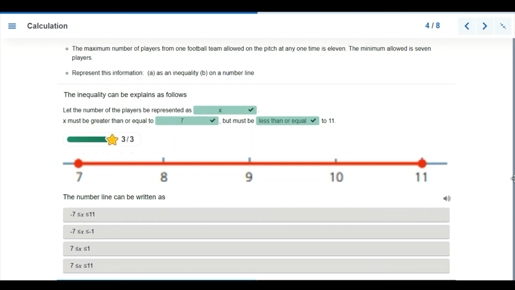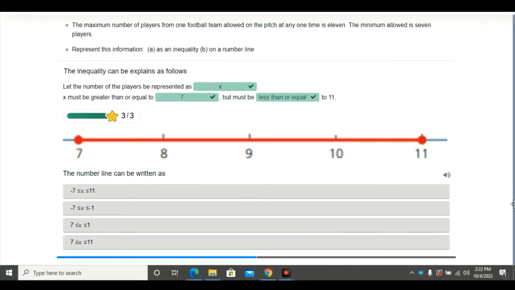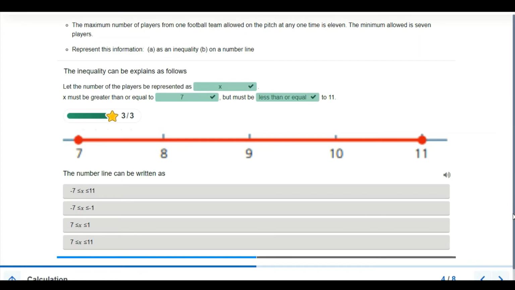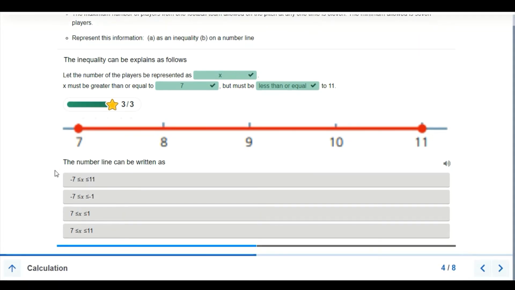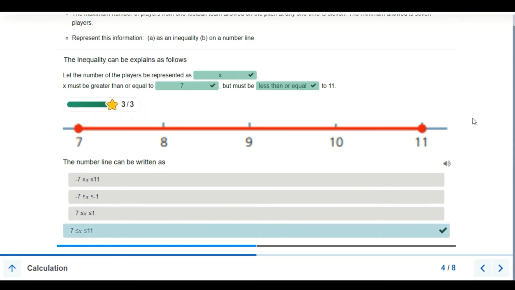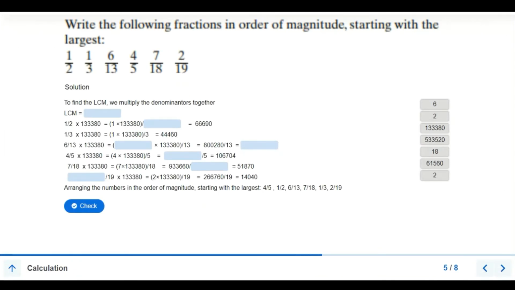So the inequality should give us 7 less than or equals to x less than or equals to 11, because the number of players falls within the range of 7 and 11. This should give us the right answer, which is right. Now let's go to the next slide.